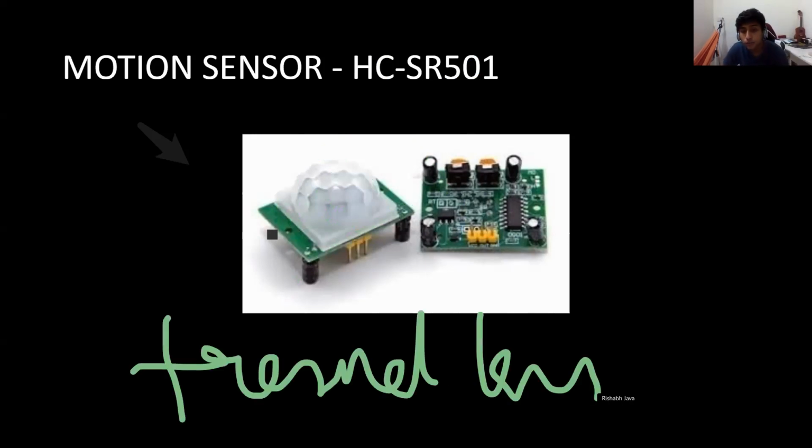A Fresnel lens basically takes infrared radiation from 180 degrees and focuses it onto the sensor.